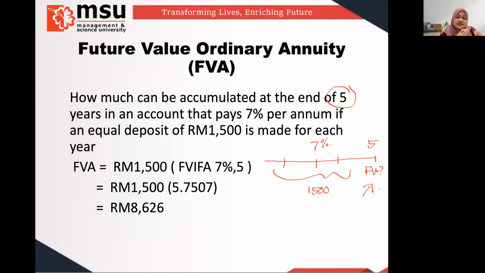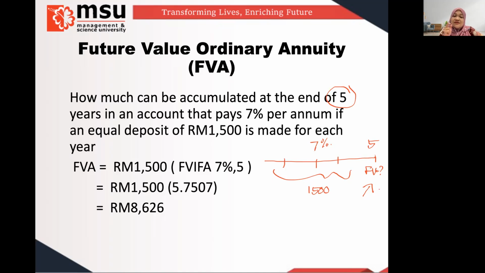So this 1,500 happens at the end of every year.